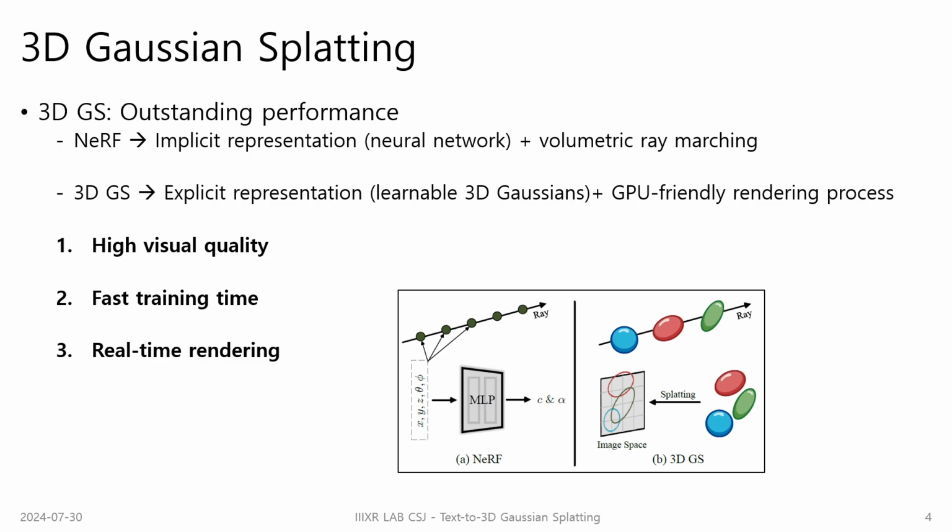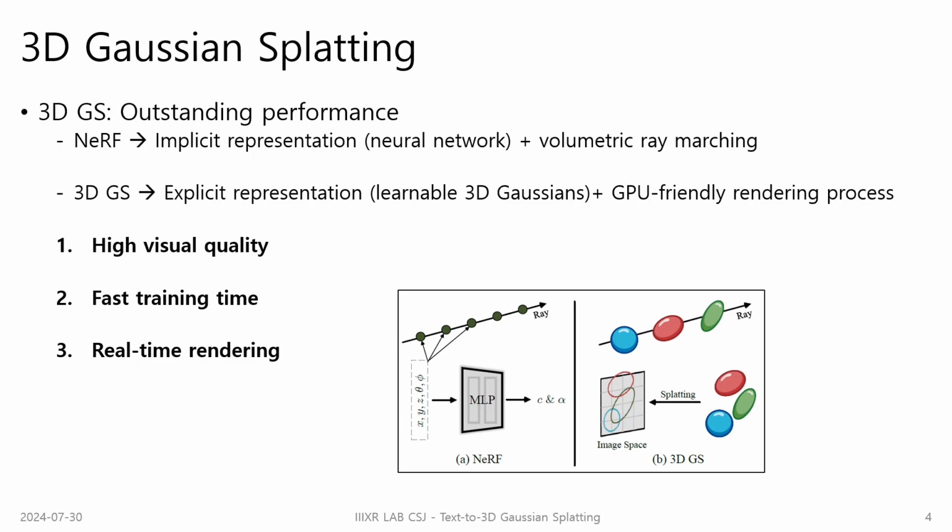However, the process involves sampling and calling the neural network for each sample, which results in a very high computational load. Consequently, both the training time for 3D scene reconstruction and the rendering time for the learned scene are quite long.